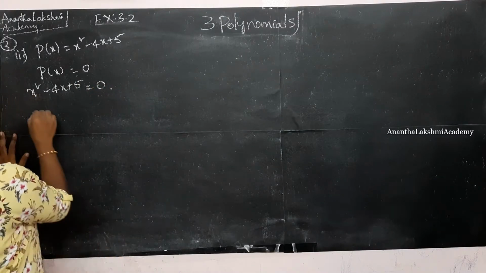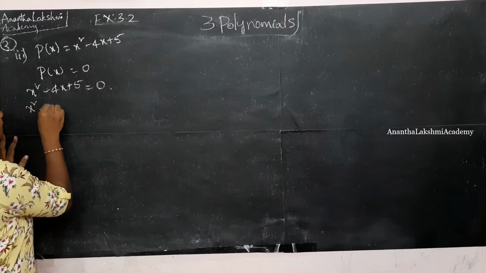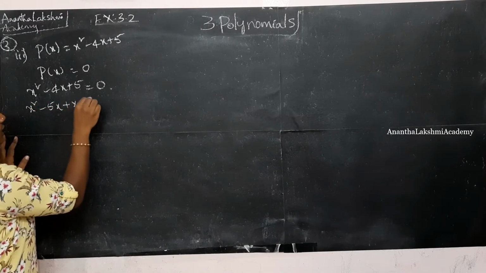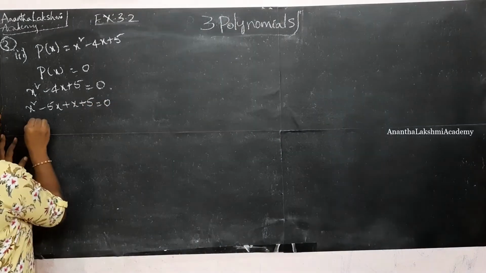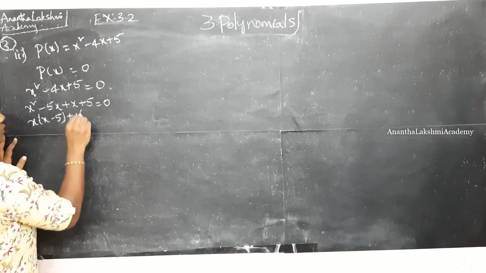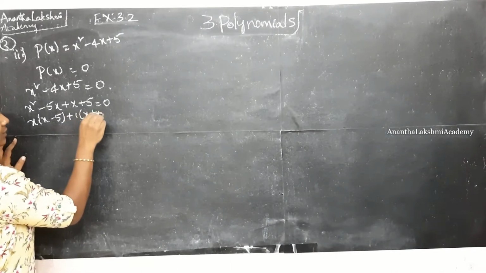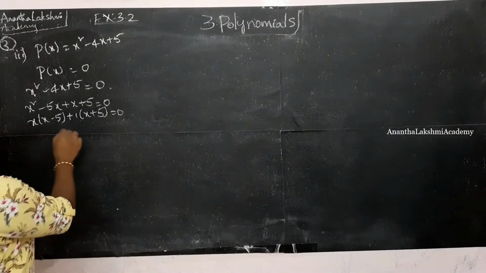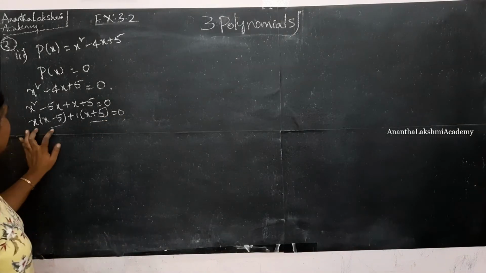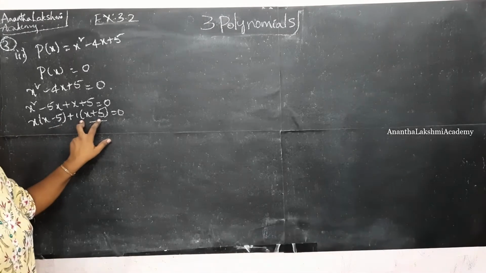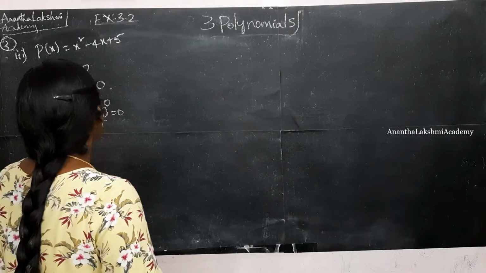If I do it like x square minus 5x plus x plus 5, am I going to get common factors? x into x minus 5 plus 1 into x plus 5. So I cannot take this common. This is x into x minus 5 and 1 into x plus 5. This cannot be expressed in the form of factors.